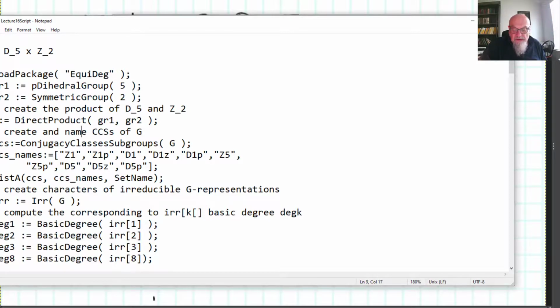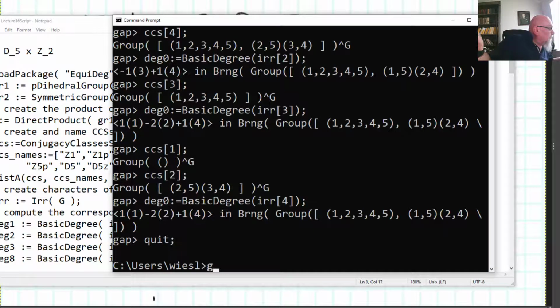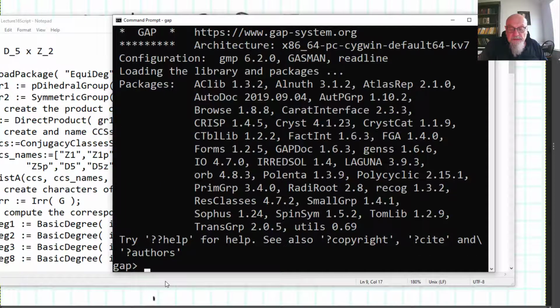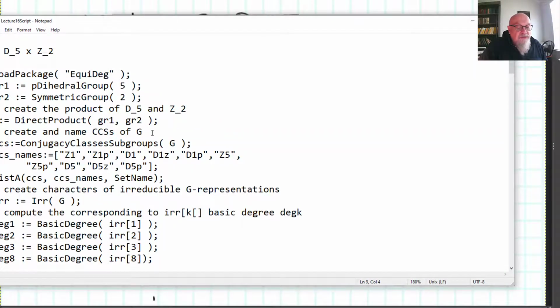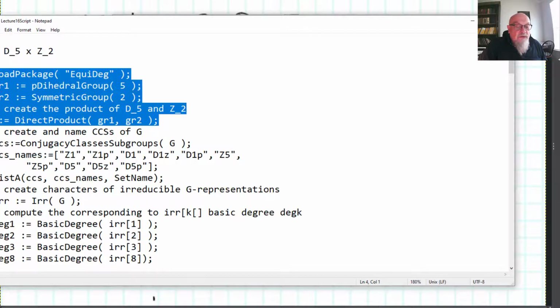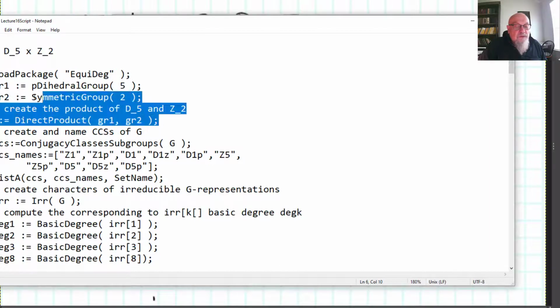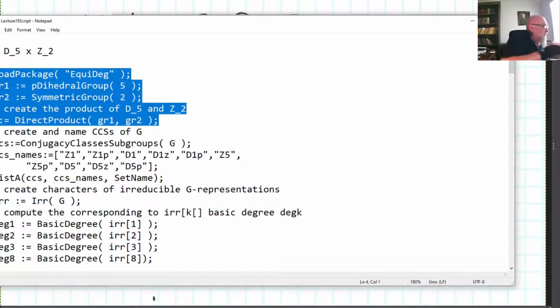So let's start the GAP. So we're starting the GAP. Yes, we have it here. Now let's just copy it. First portion first.